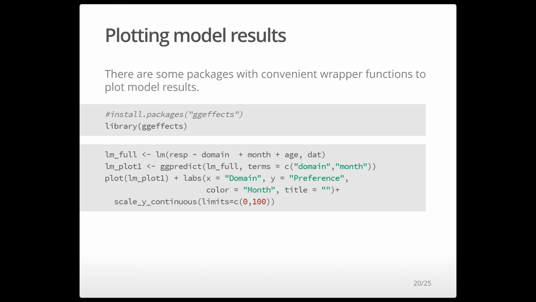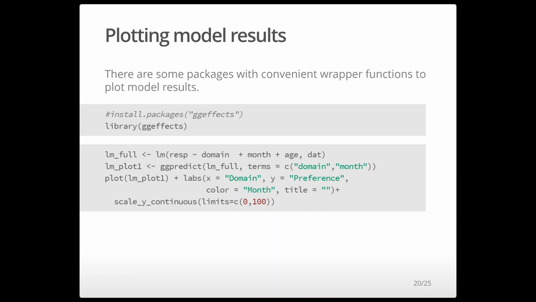So here I'm saying I want domain predicting preference grouped by month. Once I create that ggpredict object, I just call plot on it, and this gives me a ggplot. And once I have a ggplot, I can add additional things, like customizing my labels as I did here, or rescaling the y-axis as I did here.